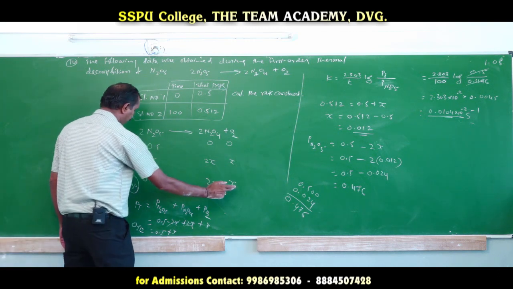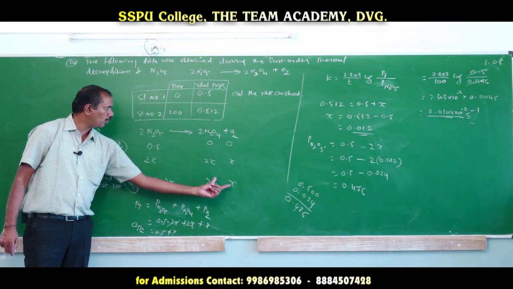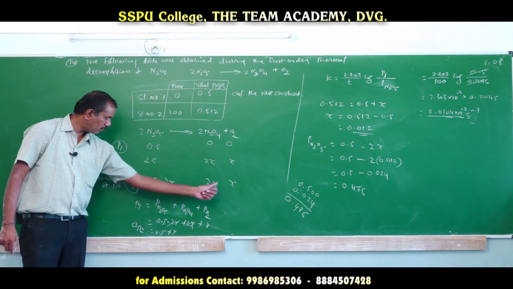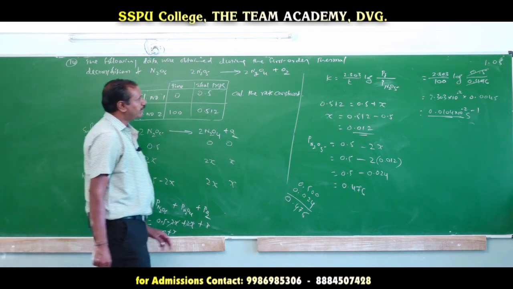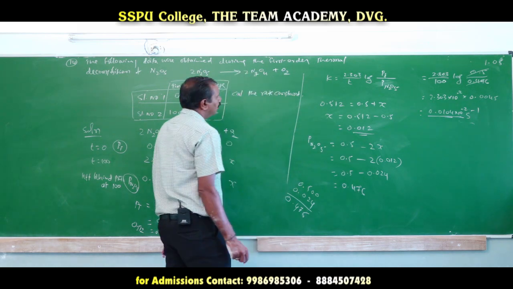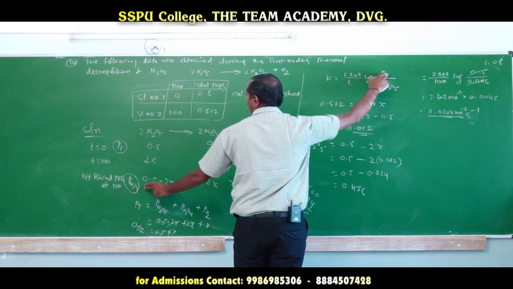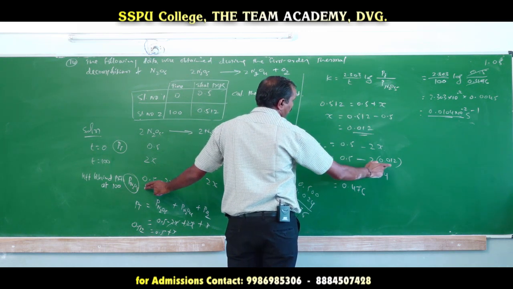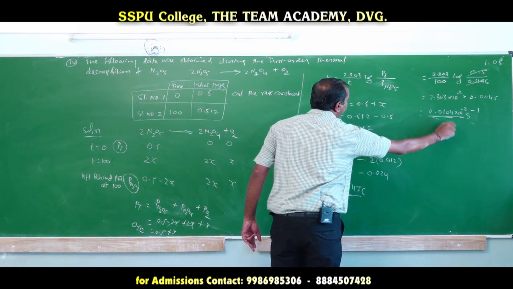P total is the partial pressure of N2O5 plus N2O4 plus O2, so 0.5 minus 2x plus 2x plus x, that is 0.5 plus x, equals 0.512. The x value is 0.512 minus 0.5, that is 0.012. The initial pressure is 0.5, and the partial pressure of N2O5 after 100 seconds is 0.5 minus 2x, which gives 0.476. Let us substitute and we finally get the K value.